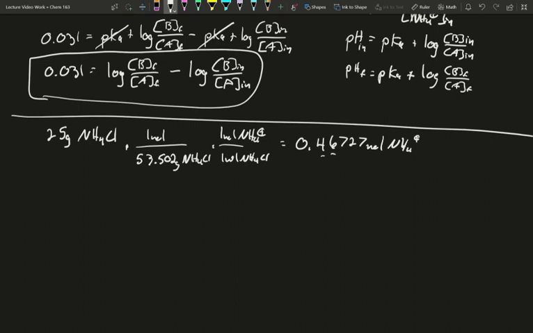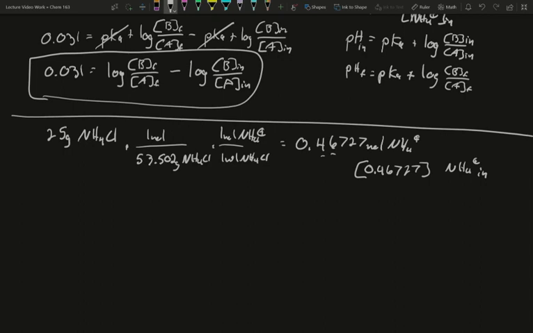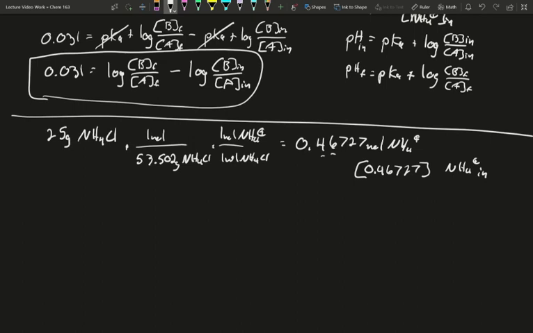Well, we're in 1 liter of solution. That was the original problem. So that's our molarity. Originally, we had 0.46727 molar ammonium initial. So we know 1 of these. Well, what about final? Well, we added sodium hydroxide. Sodium hydroxide reacts with the weak acid and consumes it.